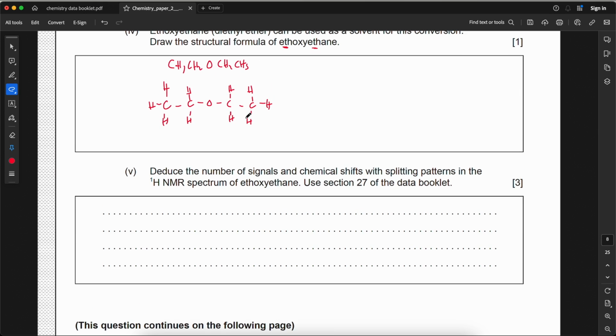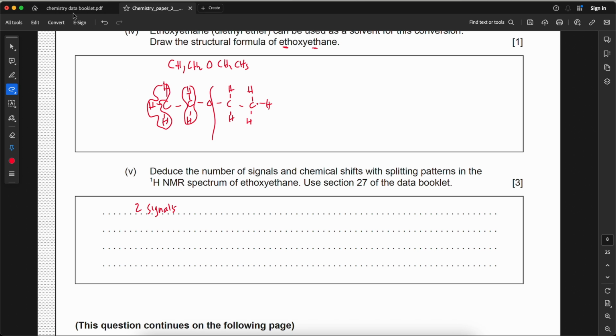Deduce the number of signals and chemical shift with splitting pattern in the HNMR spectrum of ethoxyethane. As you can see here, we've got two H environments. This one and this one are the same because it's symmetrical, and this one is the same. So we've got two signals.